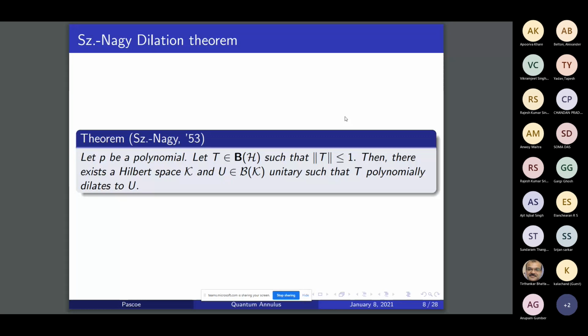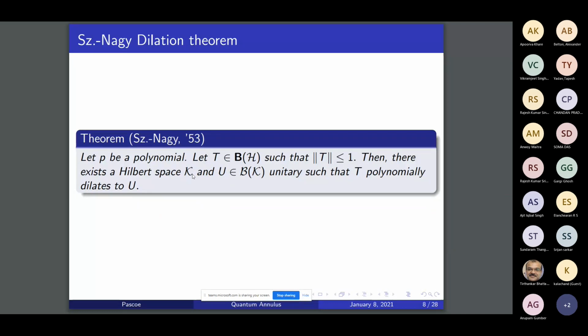So the Sz-Nagy dilation theorem says, let T be a bounded operator such that it's a contraction.